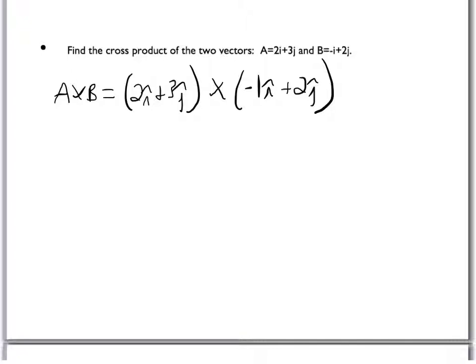What that means is that when I bring these two together, kind of think of it as like foiling, when I bring these two together, they're going to cancel out to nothing. When I cross the 2i hat with the 2j hat, if you use your right-hand rules, you would find that a 2i hat crossed with a 2j hat would give you a positive 4 in the positive k hat direction.